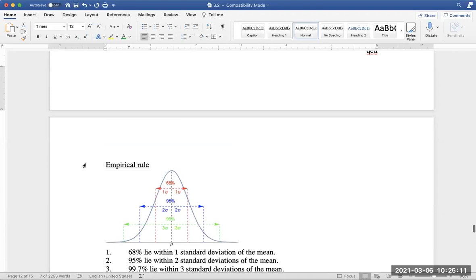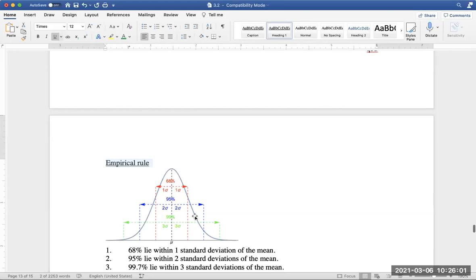The empirical rule. The empirical rule says that if you happen to have a distribution that is approximately normally distributed, approximately bell-shaped, so if it looks like a distribution that looks approximately like this curve, then the following will hold. 68% of your data values lie within 1 standard deviation of the mean. 95% of your data values lie within 2 standard deviations of the mean.